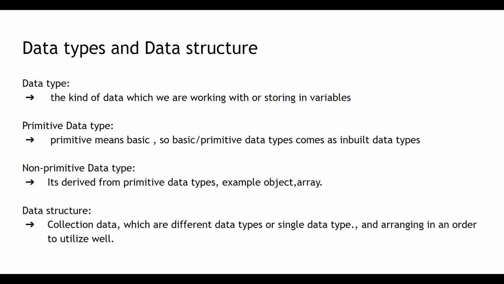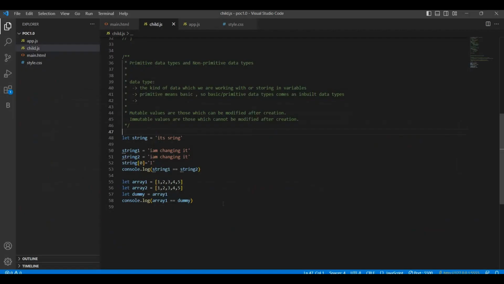For every key, some value will be there. But the value may be a number, it may be a string, it may be some other data type. All the data types can come in a single object, right? So that means we have created data like that using the existing data types. Are you getting my point? I will tell you in the code.